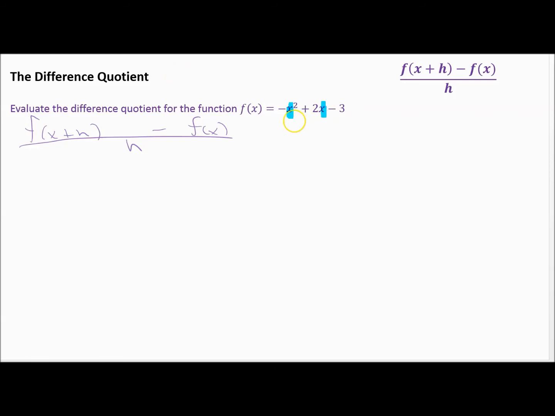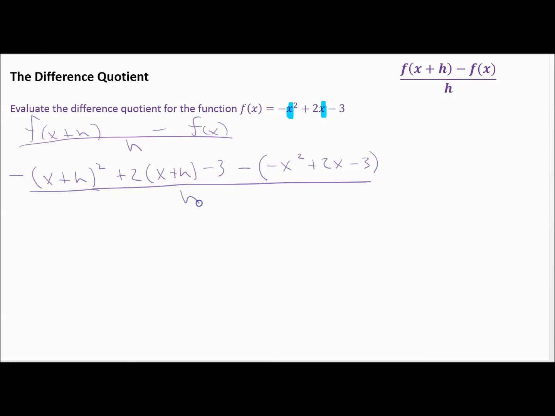Okay, I've got an x squared and I've got an x. So that's going to be negative x plus h squared for the first term, plus 2 times x plus h minus 3, minus, in parentheses, negative x squared plus 2x minus 3, all divided by h.